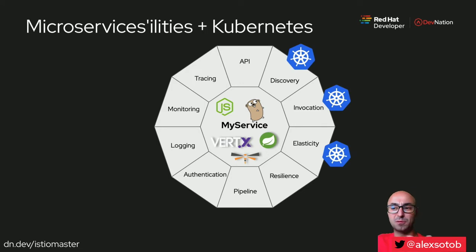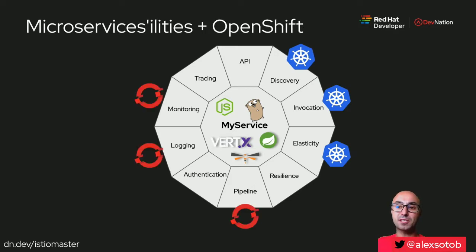It's really easy to invoke services with Kubernetes, and thanks to the kubectl scale approach, we can scale our services up and down really easily. Of course, if we are using OpenShift, then we are also covering the pipeline by using Tekton or Jenkins, and logging and monitoring are also covered. But we still have some missing pieces here.